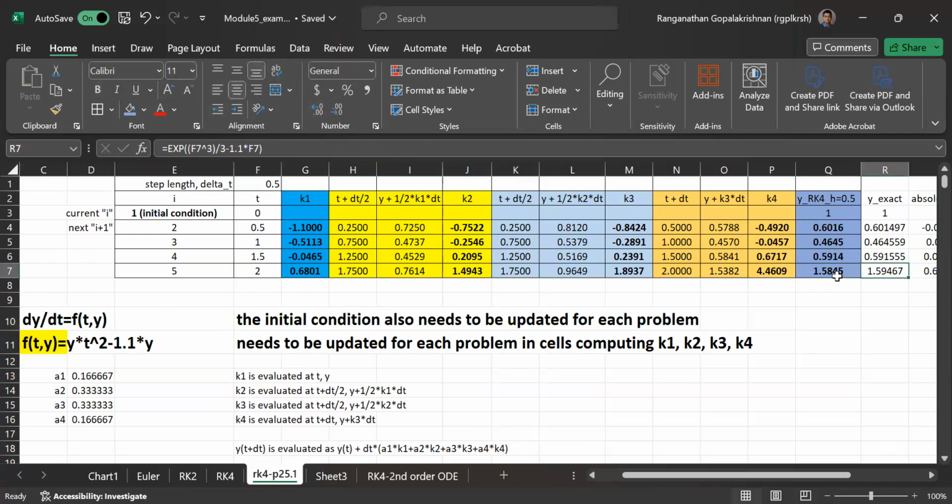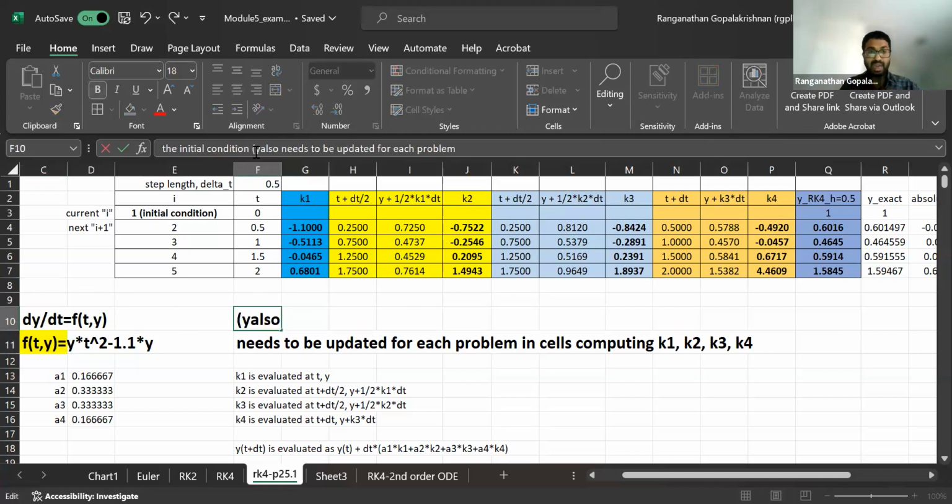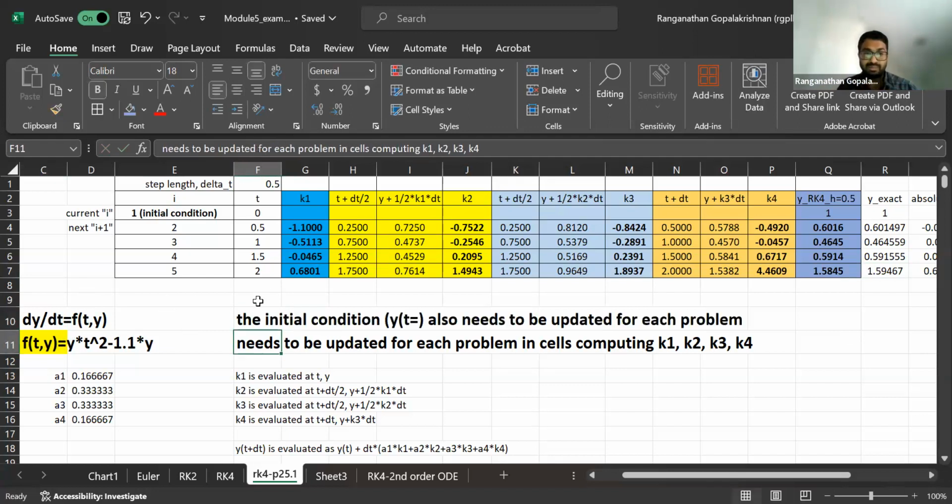So our initial condition and our dy over dt need to be updated for each problem? Yeah, every problem is different. See, the template is always dy by dt equals a function of t and y. That template will always be the same. Each problem will have a different function and a different initial condition, meaning when you specify y at some known time, that will keep changing.